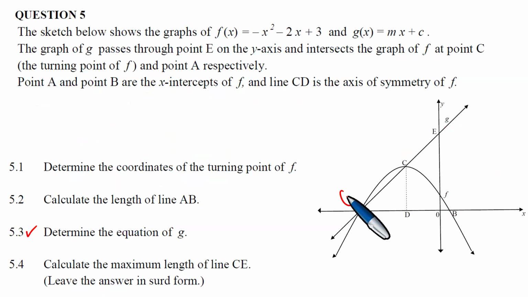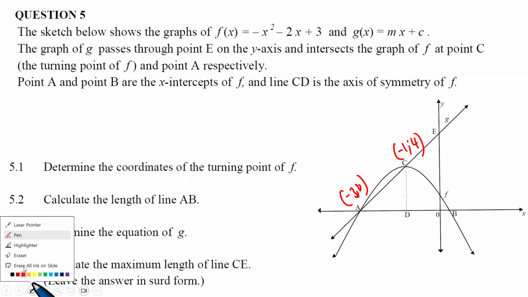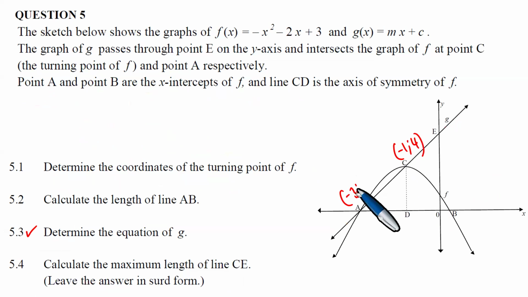You already know the coordinates here, -3, 0. And you already know this one. It has the coordinates -1 and 4. Obviously, this one here is -3 and 0.